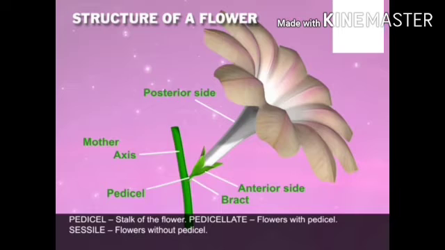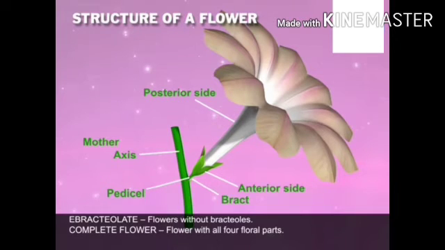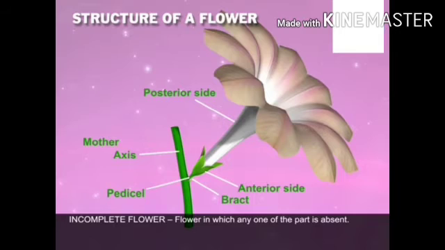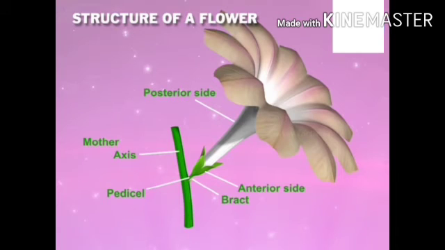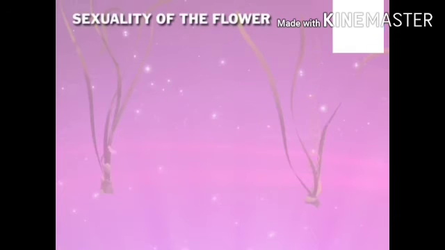Pedicel, stalk of the flower. Pedicellate, flowers with pedicel. Sessile, flowers without pedicel. Complete flower, flower with all 4 floral parts. Incomplete flower, flower in which any one of the parts is absent. Sexuality of the flower.